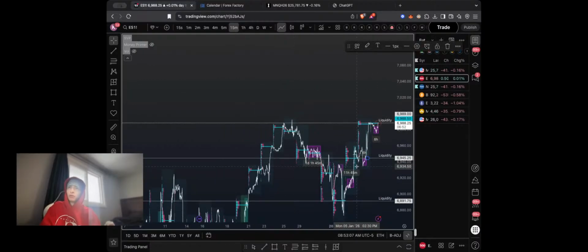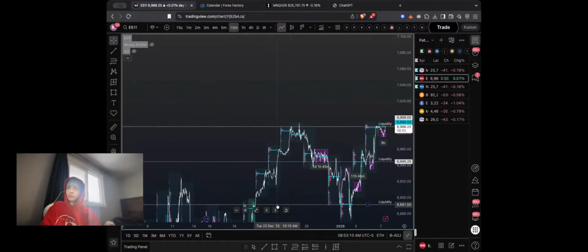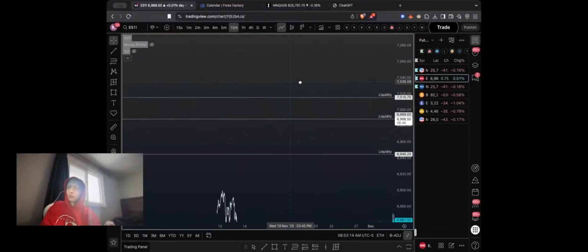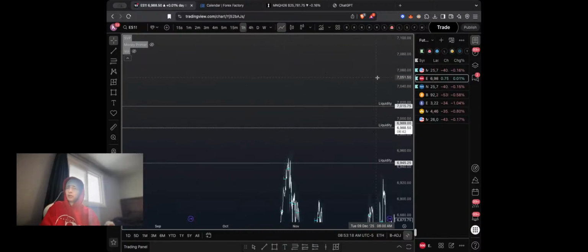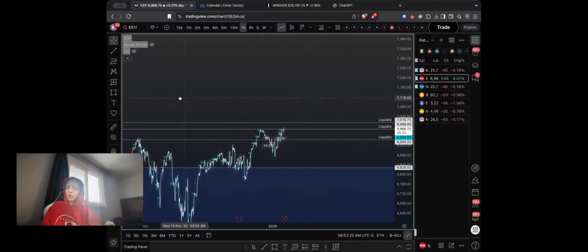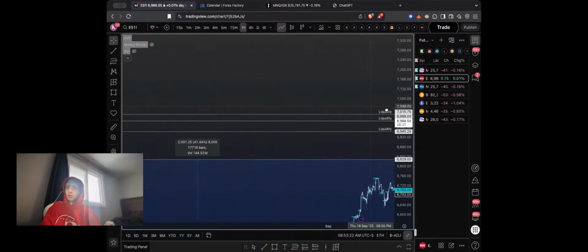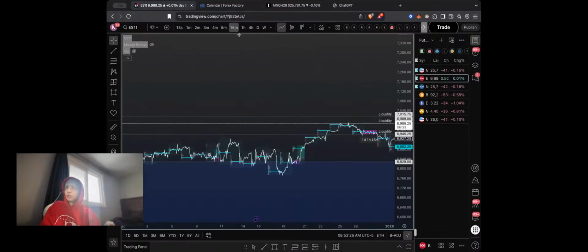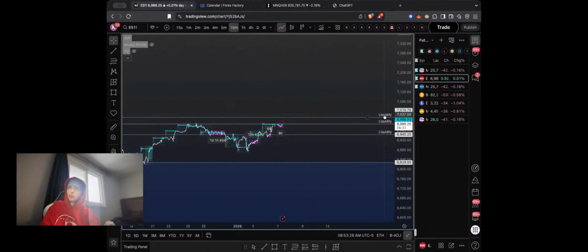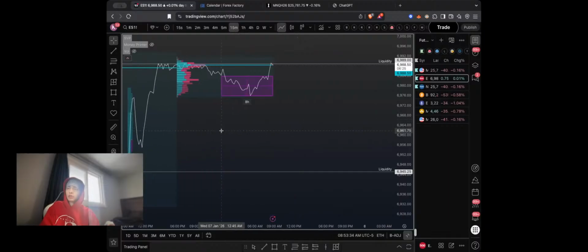Do we have one at higher prices? This is all-time highs, right? So I don't think we'll have another liquidity level above. Maybe nothing I can see so far. So we'll just keep that down here. 15-minute chart.